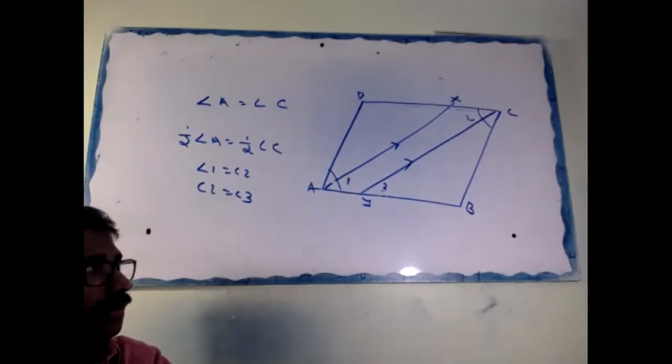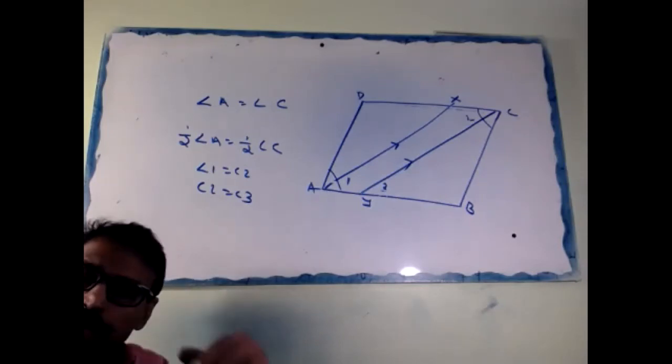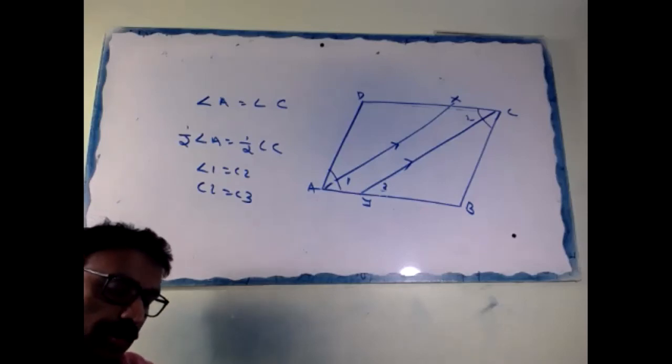Therefore, AX is parallel to CY. In brackets, corresponding angles are equal.